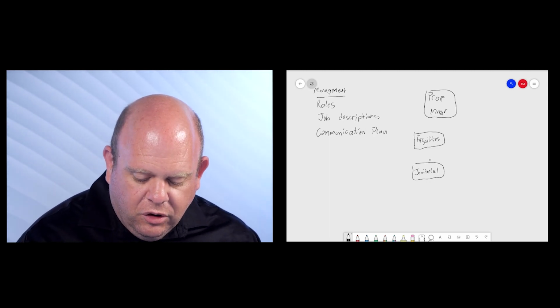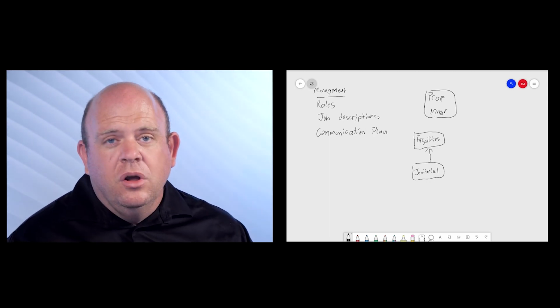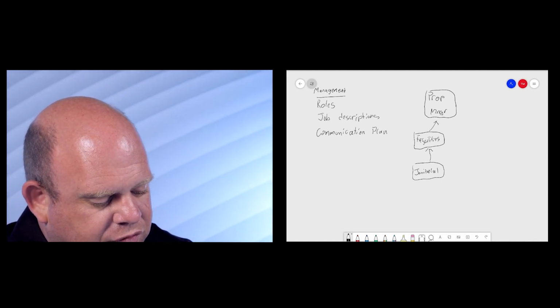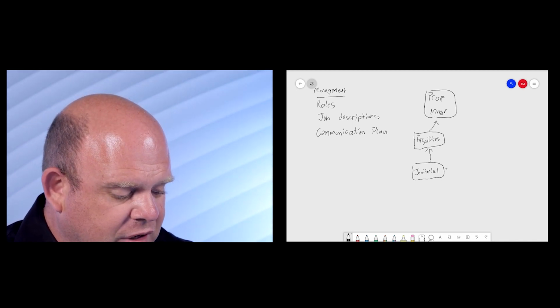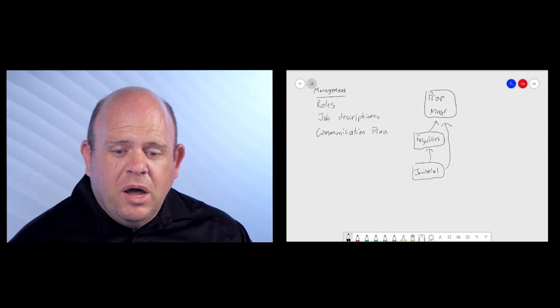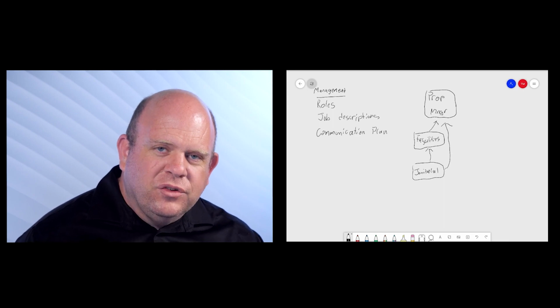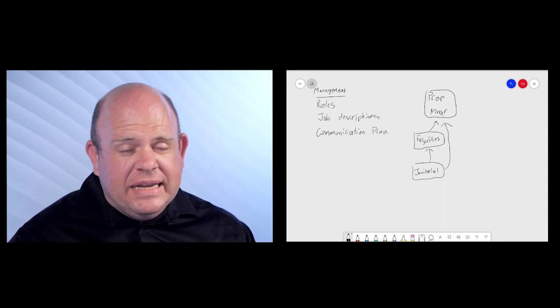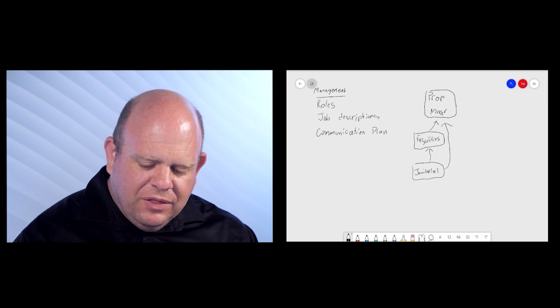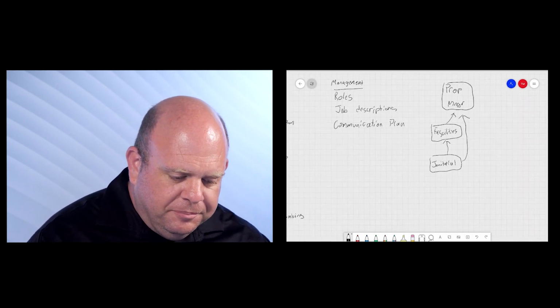Are they supposed to go directly to the facilities manager? What if it's a very important thing? And then the facilities manager reports it up to the property manager? Maybe the janitorial goes directly up to the property manager with all those things. It's possible. It's not that there's one particular right way to do it. It's making sure that you understand it and that you've documented it accordingly.